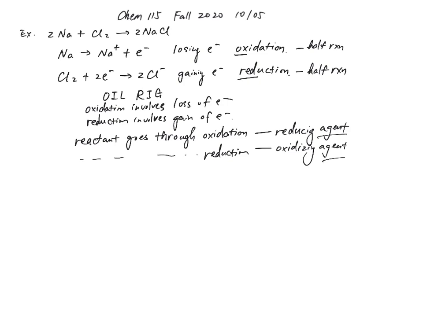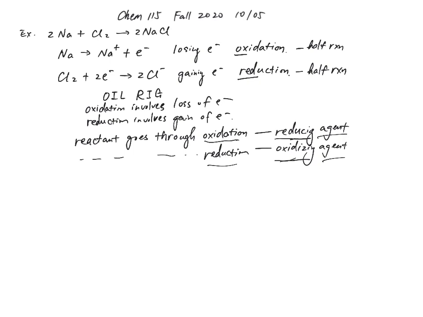Now, why do we change words here? Something going through oxidation, why do we call it a reducing agent? Something going through reduction, why do we call it an oxidizing agent? Well, remember, oxidation and reduction describe what happened to this particular reactant, and reducing and oxidizing refer to their role in this process, what they did to the other reactant.